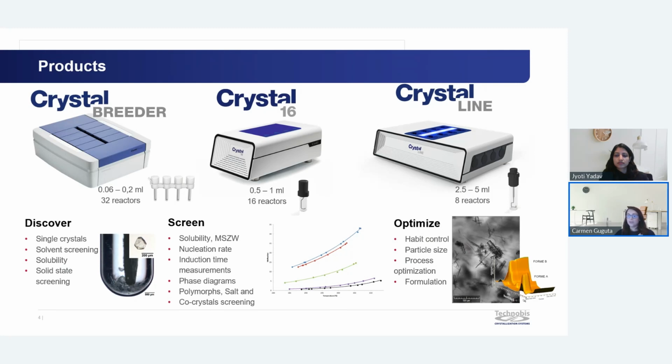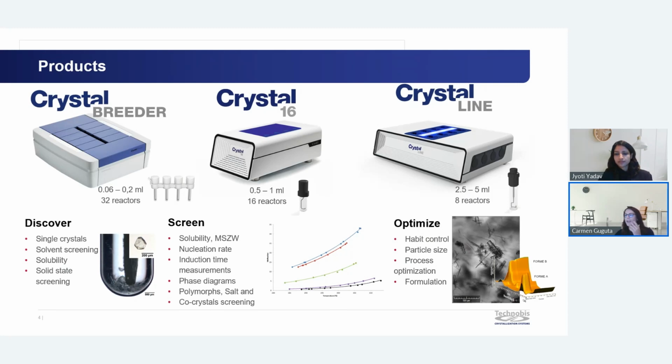Please remember, the Crystal 16 is your instrument for solubility and metastable zone width determination, solid state screening, and the Crystalline with the camera technology that works exactly like a microscope. In situ, you can see what is happening in the vial, and also Raman. If you have a Raman spectrometer, you can easily connect it to your Crystalline, and you can follow polymorphic transformations or chemical reactions. Of course, you can optimize or develop your crystallization or formulation processes.